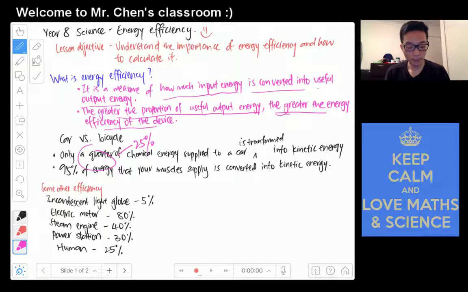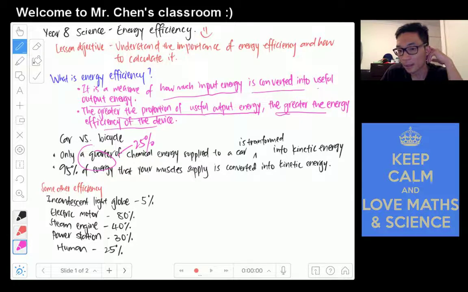Let's look at some other efficiencies. Incandescent light globes only have 5% energy efficiency. That means the rest, 95%, mostly goes to heat. That's why your globe gets really hot when you use it.